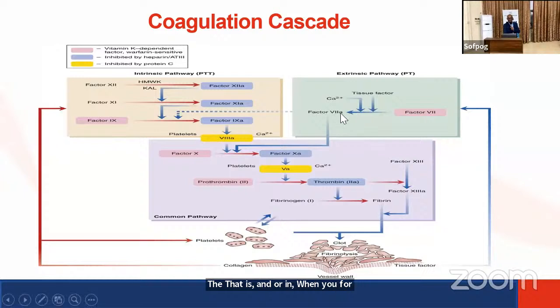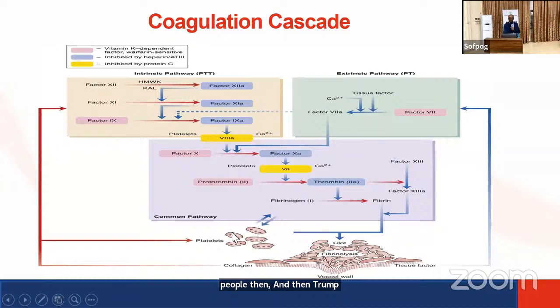When factor 7A and tissue factor combine, they go on to activate factor 10, giving factor 10A. Once factor 10 is activated, factor 10A will combine with factor 5A and cause the conversion of prothrombin to thrombin. And then thrombin will finally convert fibrinogen into fibrin, leading to the formation of a clot. So that is the extrinsic pathway.